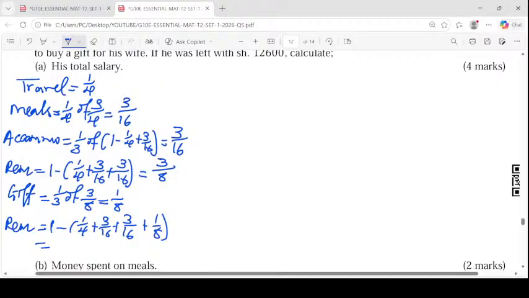Yes, you get a quarter. So this is what remained. So this, whatever remained, is equivalent to 12,600.